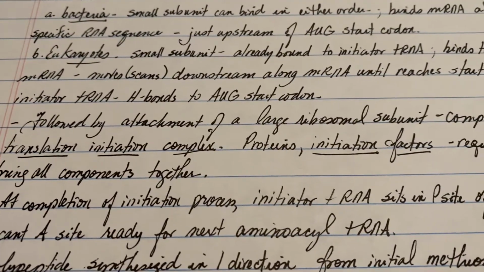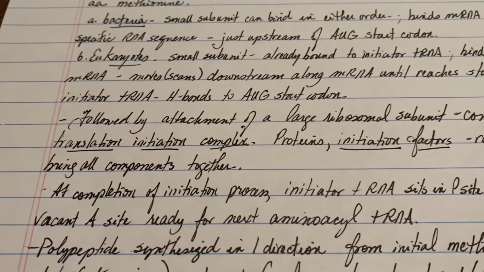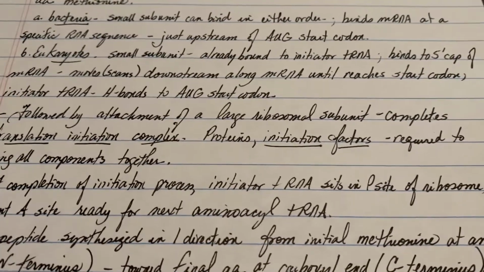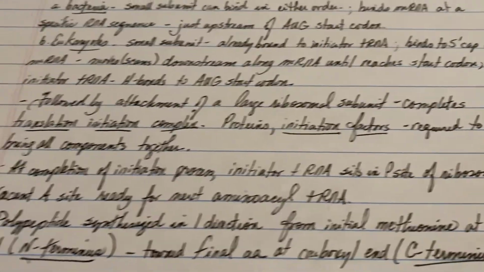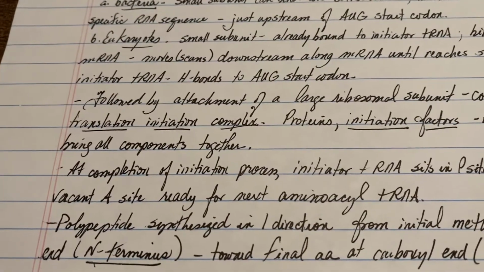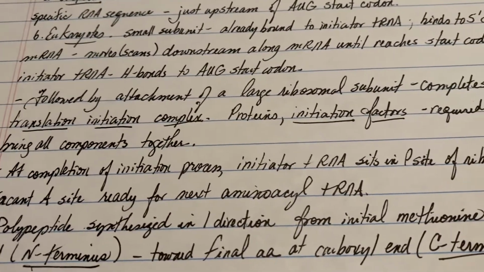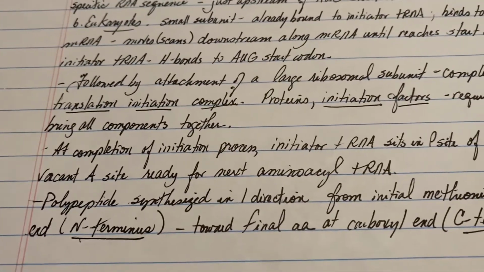At the completion of the initiation process, the initiator transfer RNA sits in the P site of the ribosome. There's a vacant A site that's ready for the next aminoacyl transfer RNA.